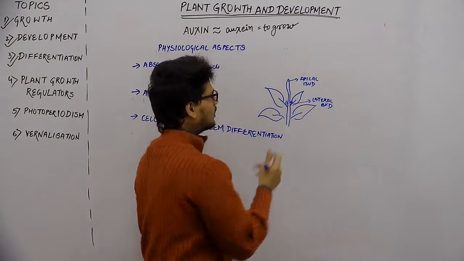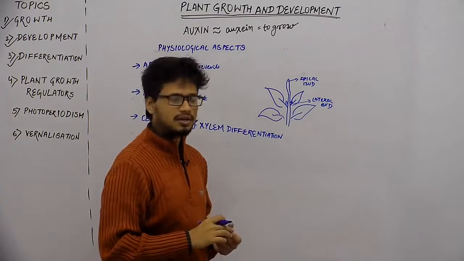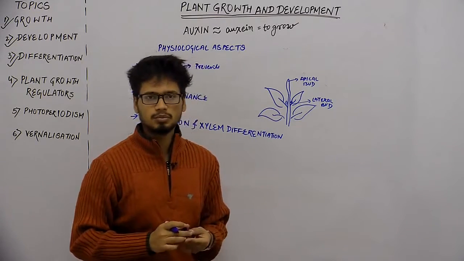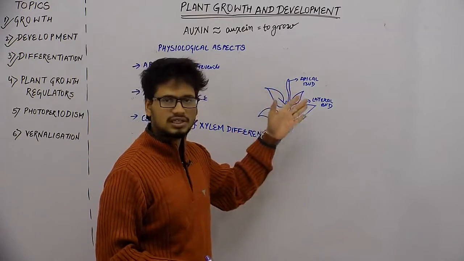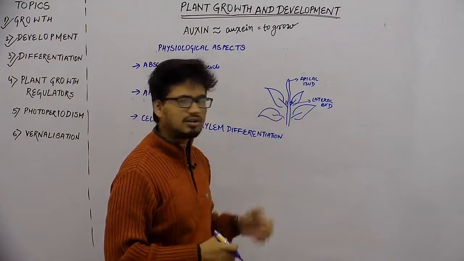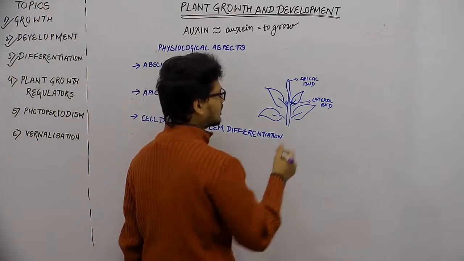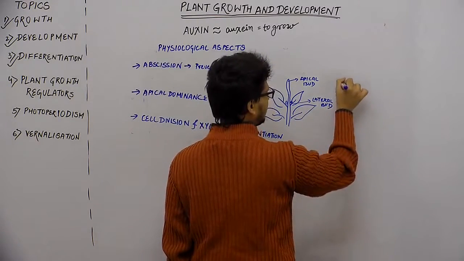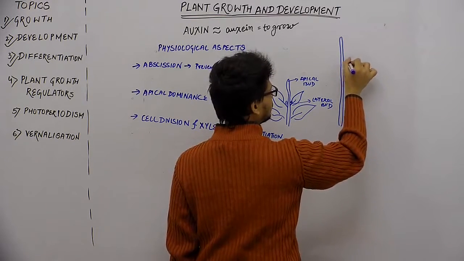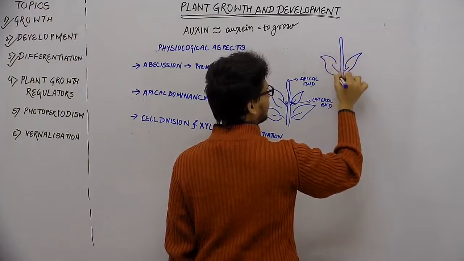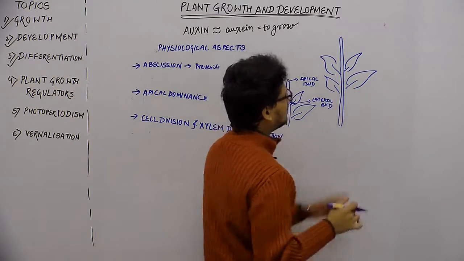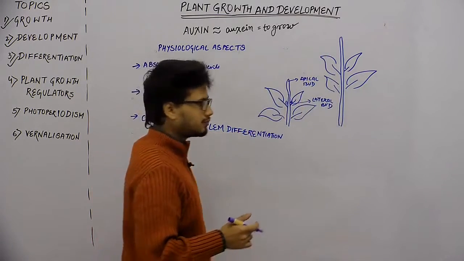Under the influence of the apical bud, there is a lot of secretion of auxin in the apical bud. As auxin is secreted, it will stop the growth or development of the lateral buds. The effect is that the plant will continue growing in length, but there will be no lateral growth. The plant will only grow taller and taller.